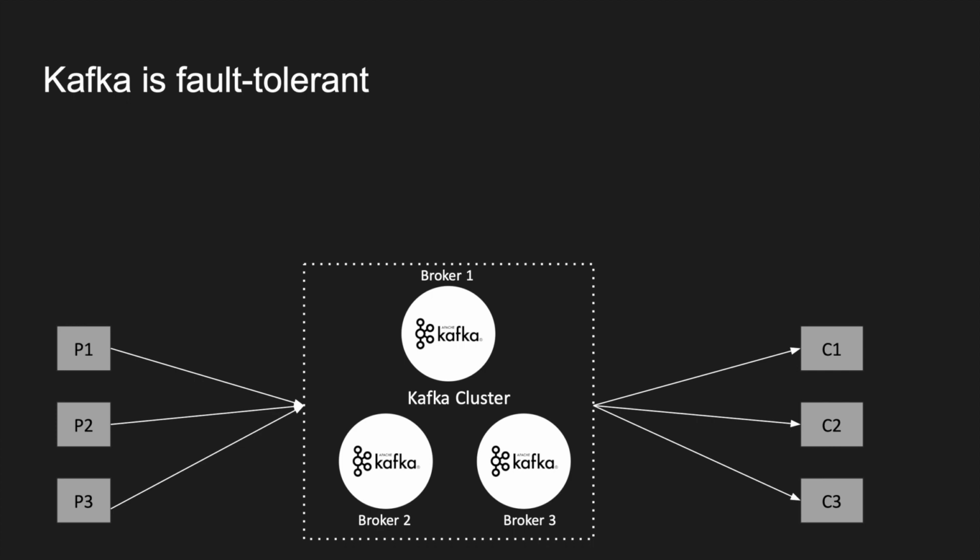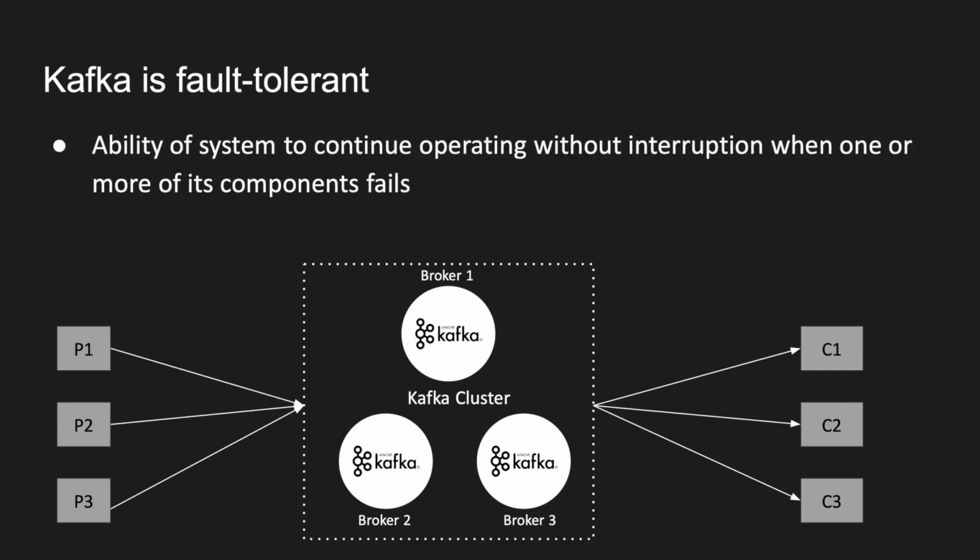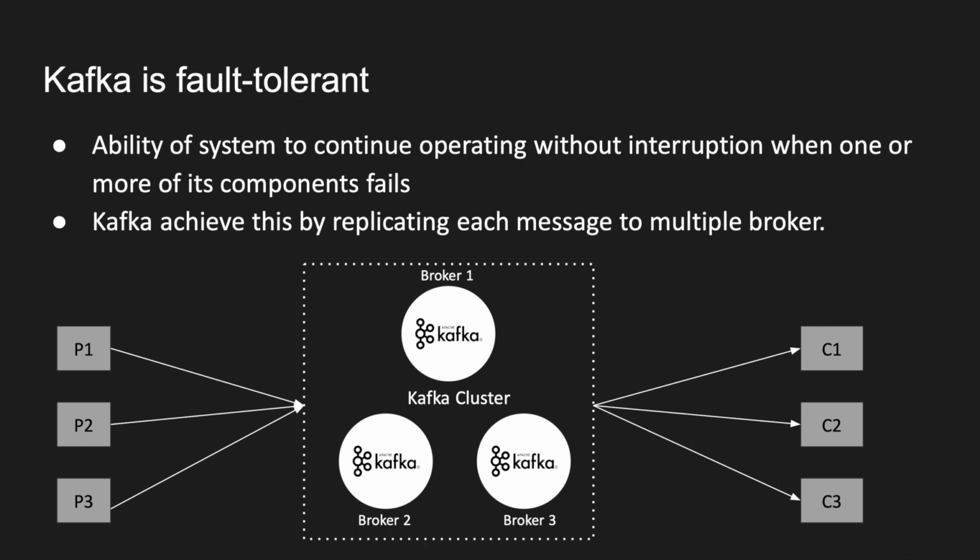Kafka is fault tolerant. What does fault tolerant mean? The ability of system to continue operating without interruption when one or more of its components fails. Kafka achieves this by replicating each message to multiple brokers. Suppose P1 sends a message hello to Kafka cluster. This message will be copied to all the brokers if the replication factor is 3.